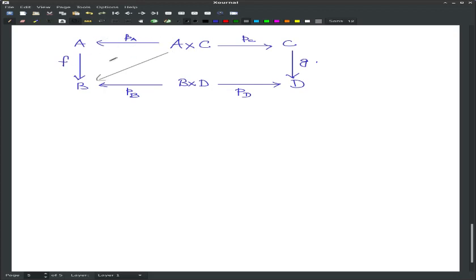What is it? F composed PA and G composed PC.